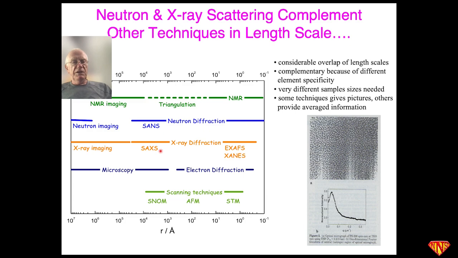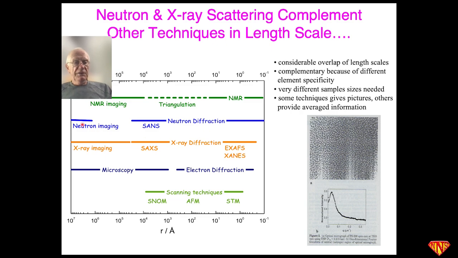So you can see in this view graph a number of different techniques. Here in the middle are neutrons and X-rays, and then we have other techniques above and below it. And along this x-axis, we have the length scale that can be measured. So this, I think, is 10 to the 7th, and if that's in angstroms, that means a centimeter. And down here, we're in the sub-angstrom scale.